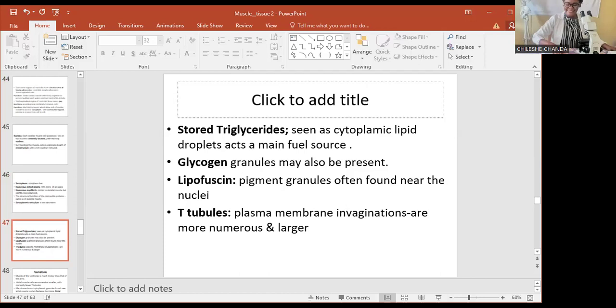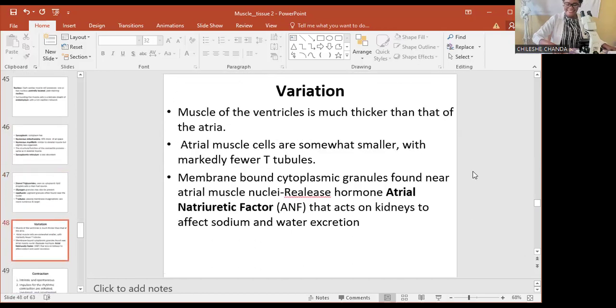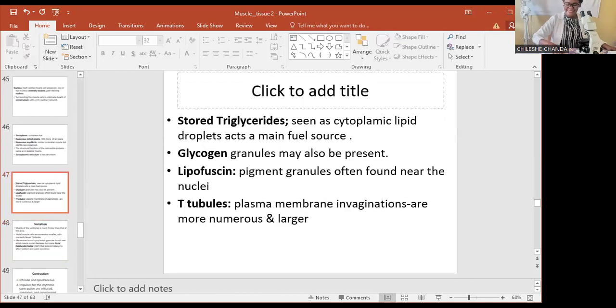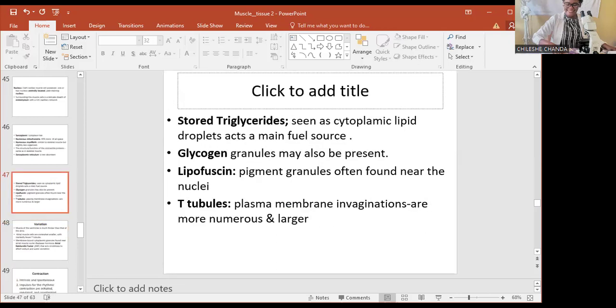Then you are going to have T-tubules, plasma membrane invaginations, more numerous and larger. Don't worry about those T-tubules in anatomy. You are going to learn in detail when you look at physiology and membrane potentials.